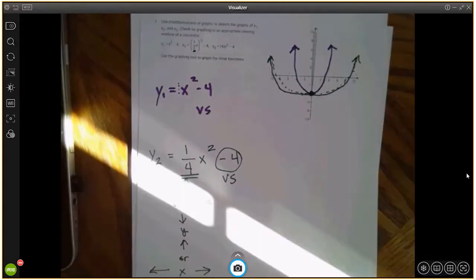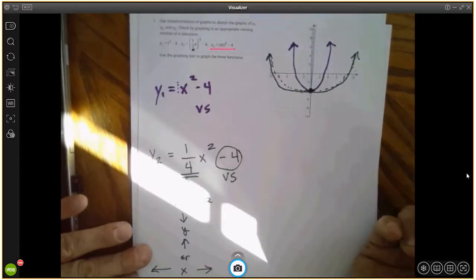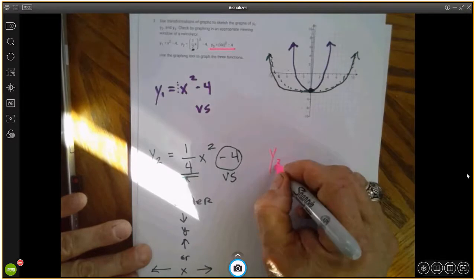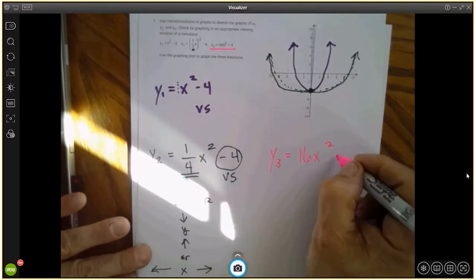And the third one, we'll do it in a bright pink, so that way this problem right here, I'm going to write it the correct way. Y sub 3 is equal to 16x squared minus 4.